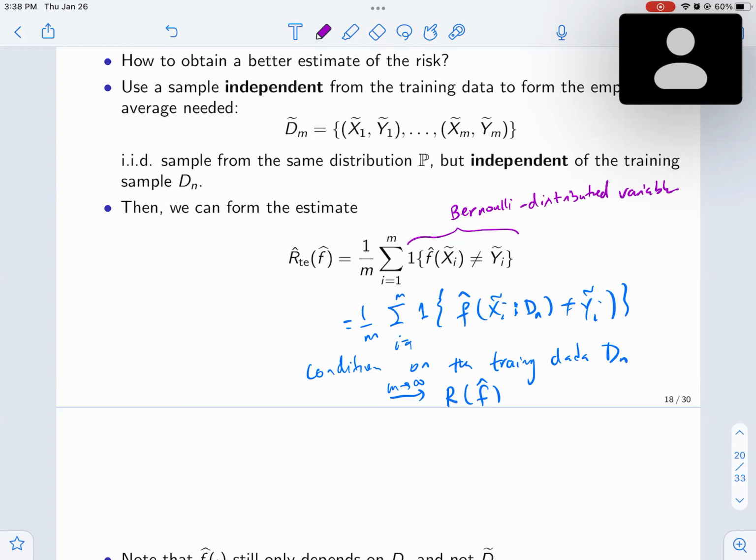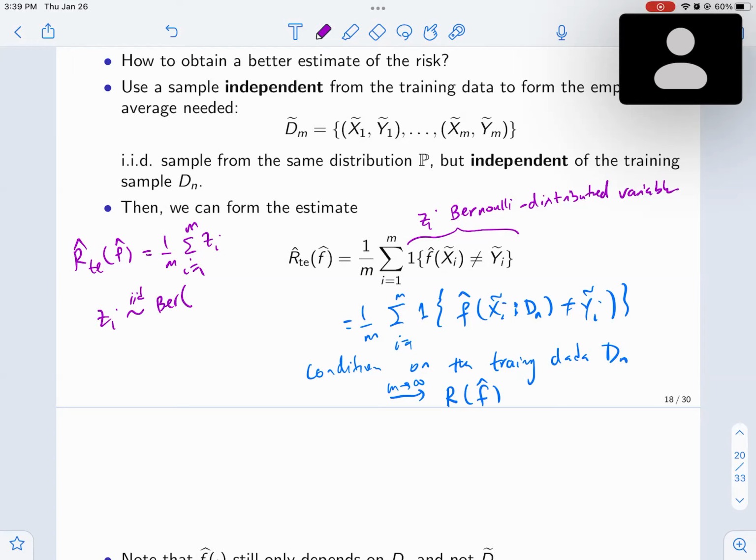So if I call this Z_i, the test error is an average of these Bernoulli variables, and the Bernoulli variables are IID. Again, everything is conditional on the training. They're IID Bernoulli with some probability.